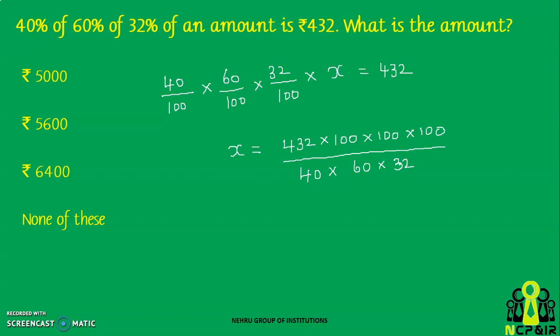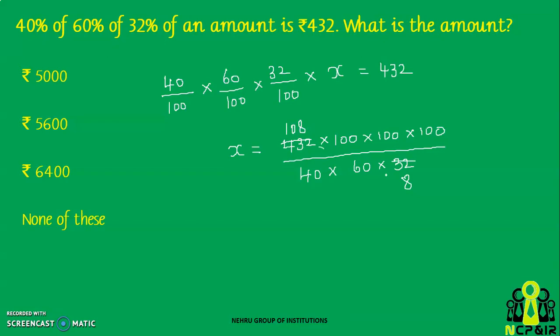See, we have 32 here, and here also we have 32. You remember the divisibility test. If the last two digits are divisible by 4, then the entire number will be divisible by 4. So 8 into 4 will be 32. So this also we can reduce by 4 times. This is 1 into 4 is 4 and 0, 8 into 4 will be 32, 108.